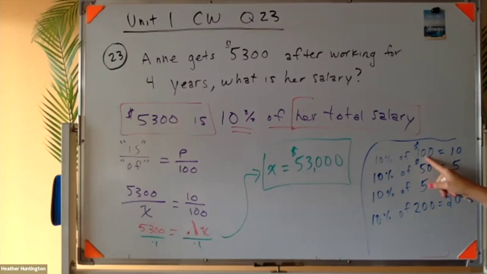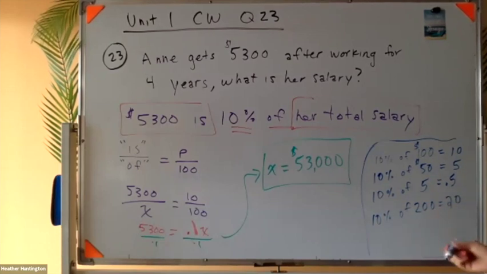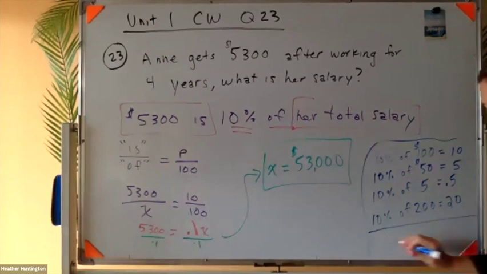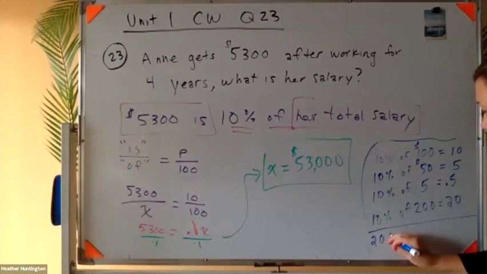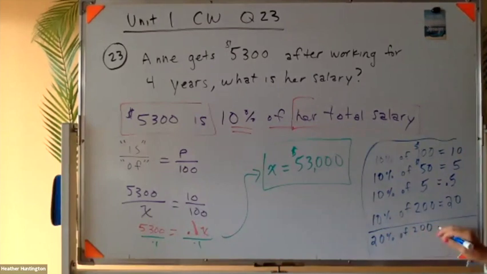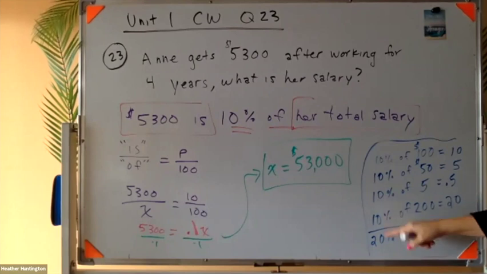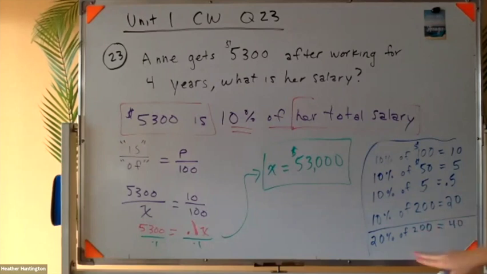So 10% of 100 is 10. 10% of 50 is 5. 10% of 5 is 0.5. 10% of 200 is 20. Okay, so then now, next question is, what is 20% of 200? 40. Yeah, so it's double the 10%. So you just do 10%, which is 20, and then you double it.